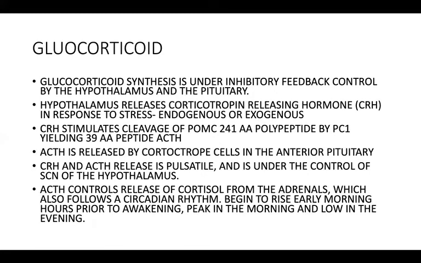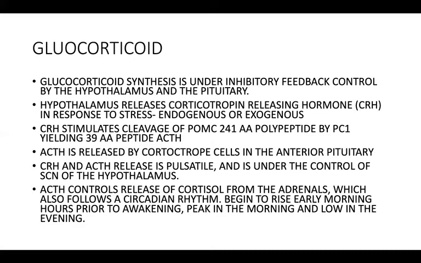Talking about glucocorticoids to begin with, we all know that glucocorticoid synthesis is under the inhibitory feedback control of the HPA, that is the hypothalamic pituitary adrenal axis. The hypothalamus releases corticotropin releasing hormone, that is CRH, in response to stress, which can be endogenous or exogenous.